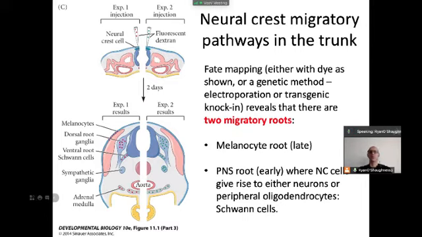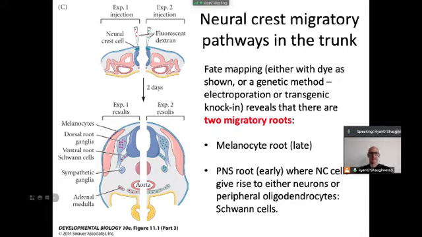And then you look to see where these cells end up, how they migrate through the developing embryo. And this fate mapping process, either with dye or by a genetic method, either electroporation of a marker gene or by transgenic knock-in of a marker, revealed that there are two key migratory routes.